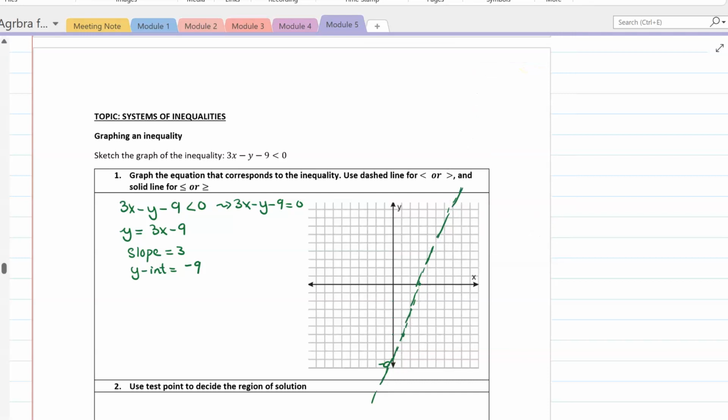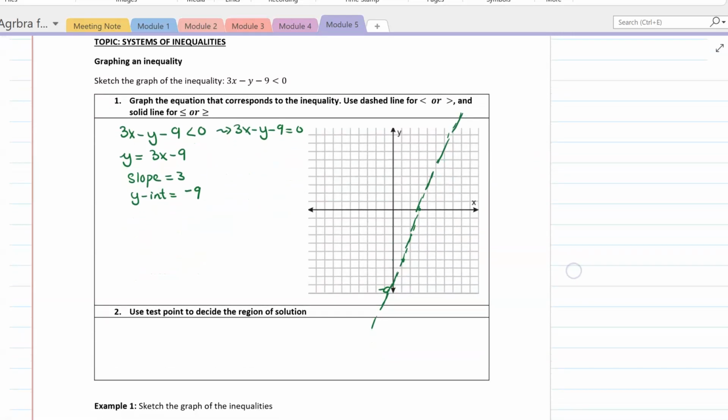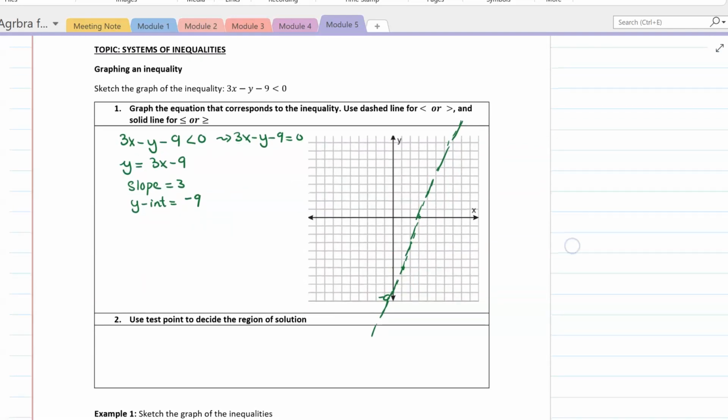Now that we have our dashed line, we use the test point to decide the region of the solution. So there are two regions, region 1 and region 2. You can pick any point in region 1 or any point in region 2, it doesn't really matter. So I go ahead and pick a point in region 2.